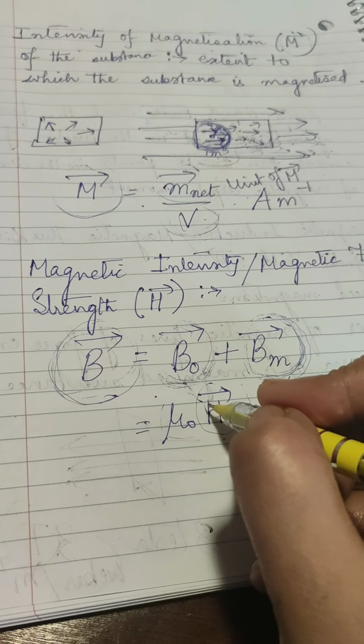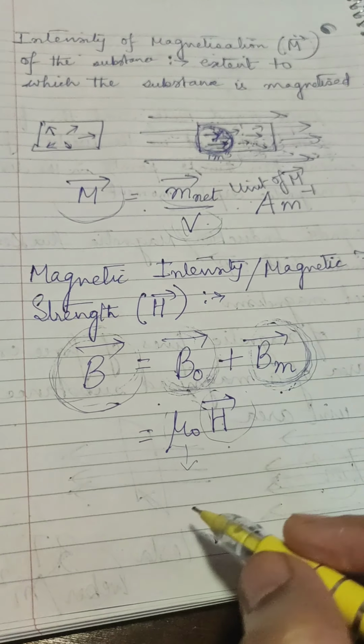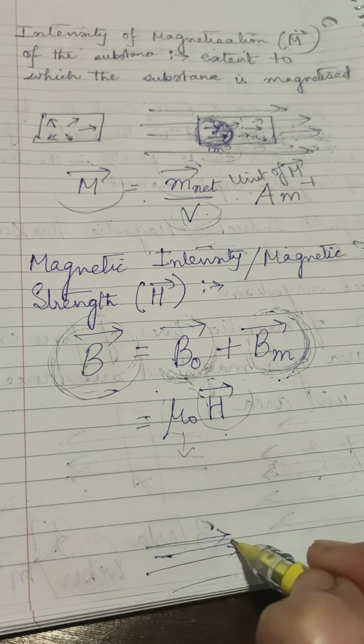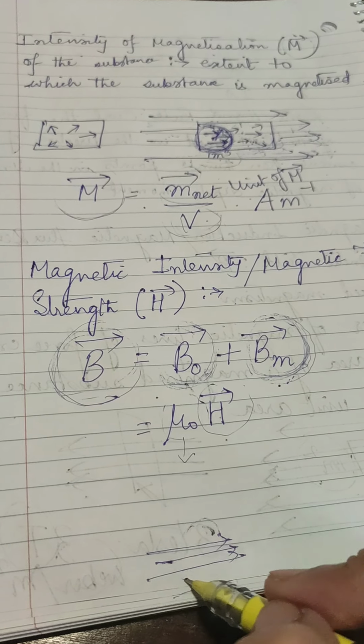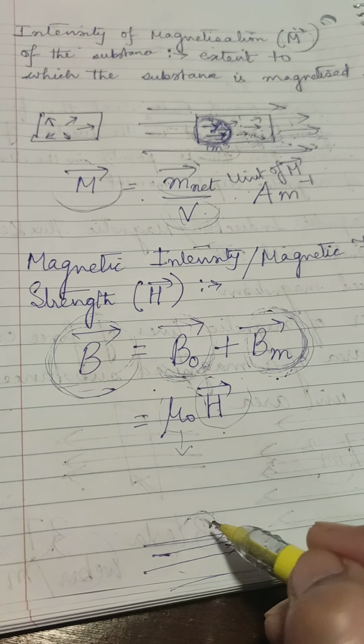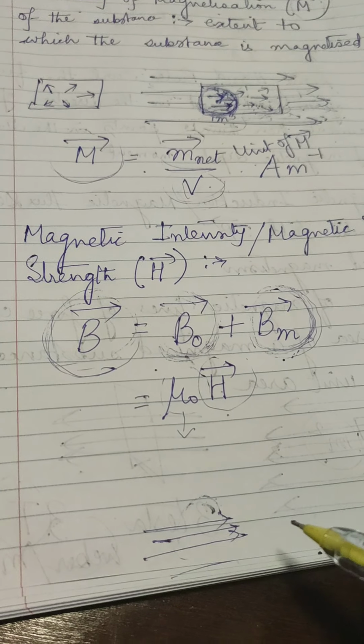What do you mean by permeability of free space? If a magnetic field is passing through free space or vacuum, how permeable is the vacuum to the magnetic lines of force?